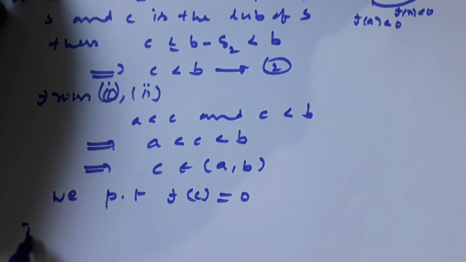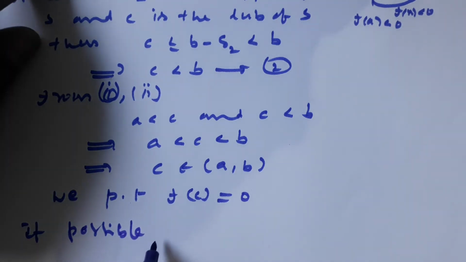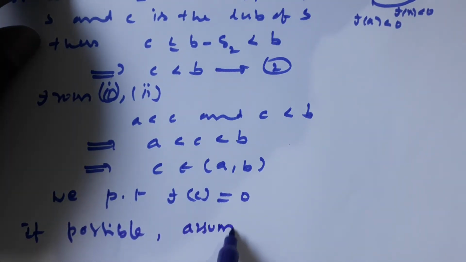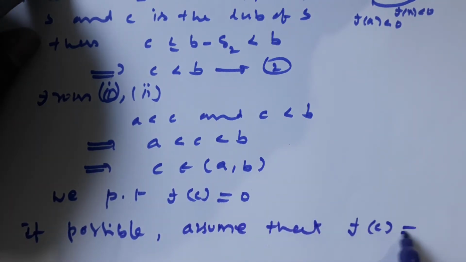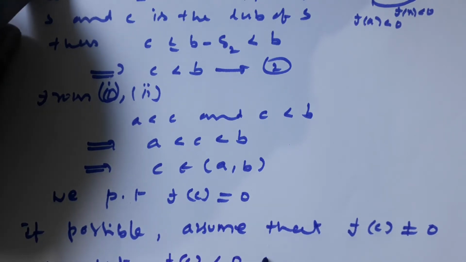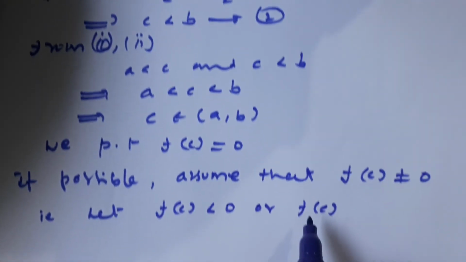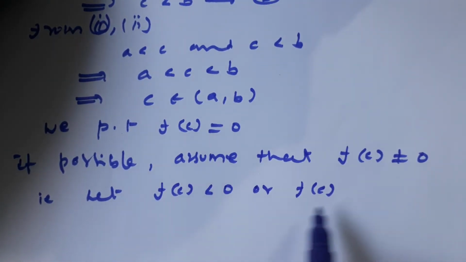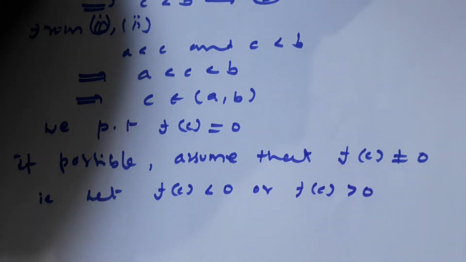If possible, assume that f of C is not equal to 0. That is, let f of C be less than 0 or f of C greater than 0, because whenever it is not equal to 0.